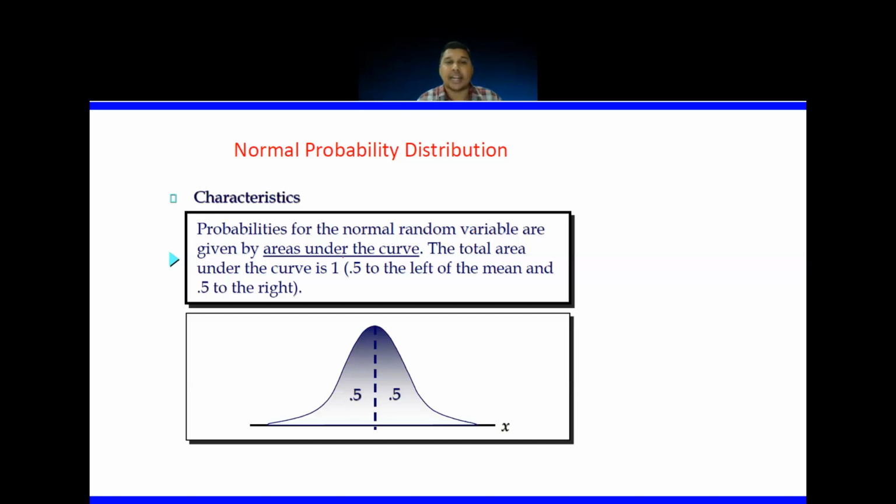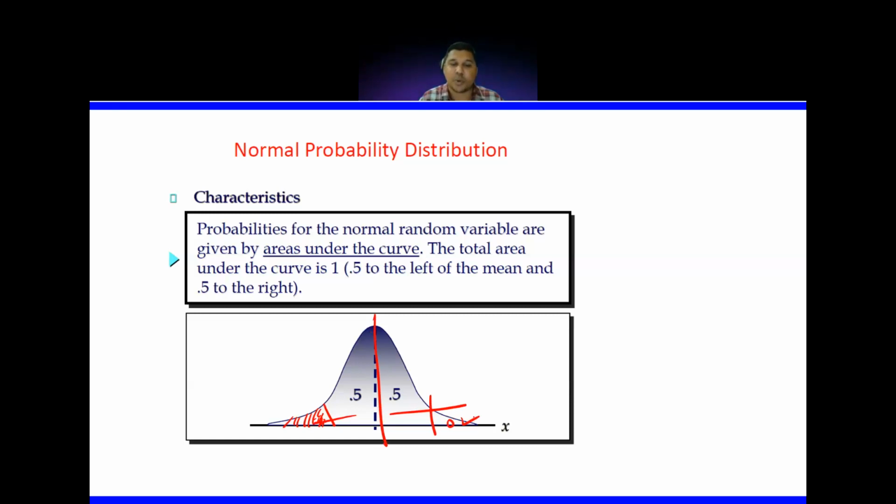Probabilities for the normal random variable are given by area under the curve. How we use this normal probability distribution in problem solving is that we find the area under the curve. If they ask you this area, based on that we divide. See, this is exactly half, so this is 0.5, this is 0.5.